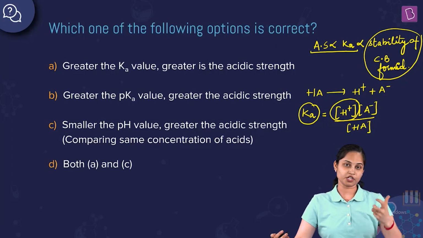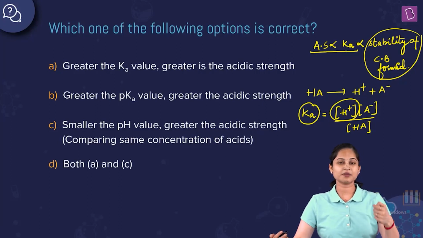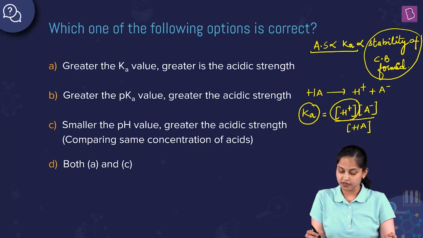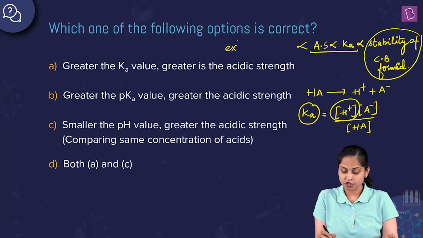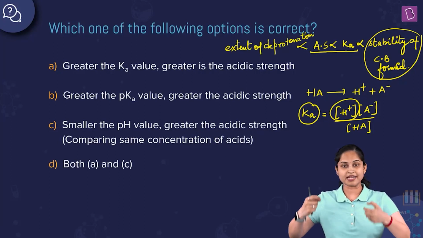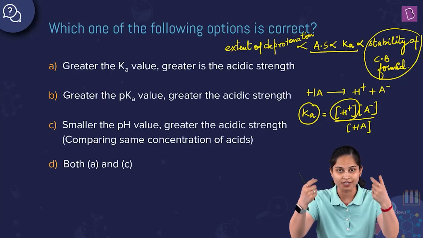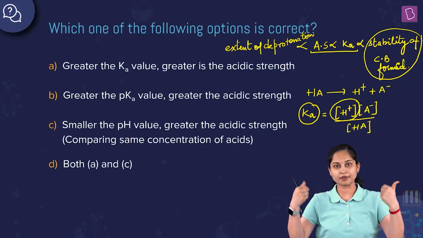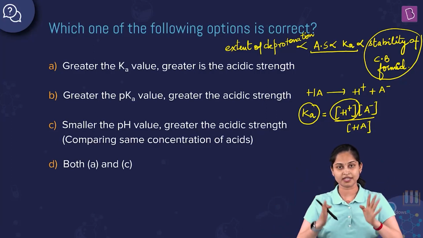If deprotonation gets easier, that means the more the extent of deprotonation taking place, the more will be the H positive ion concentration in the solution, the more will be the acidic strength, the more will be the Ka value.